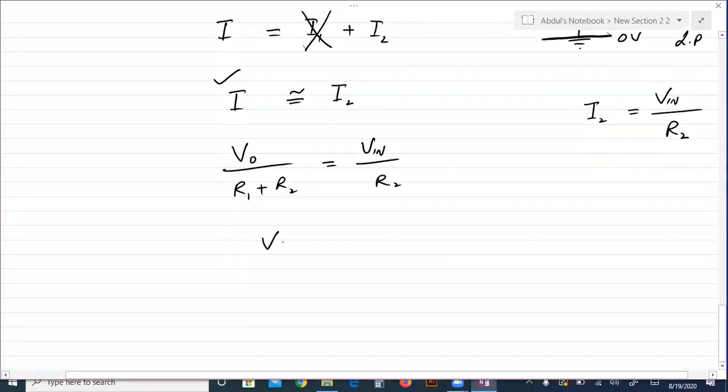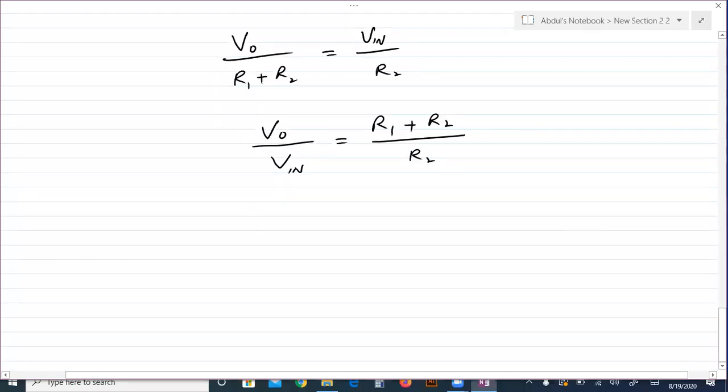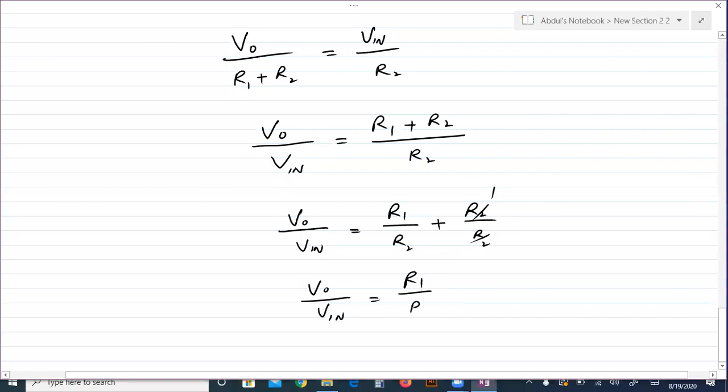Now it can be written as V out divided by V in is equal to (R1 plus R2) over R2. Now this gain, which is output voltage over input voltage, can be written as R1 over R2 plus R2 over R2. This cancelled, one left. So we can write V out over V in is R1 over R2 plus 1.